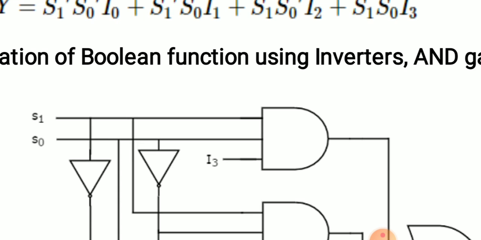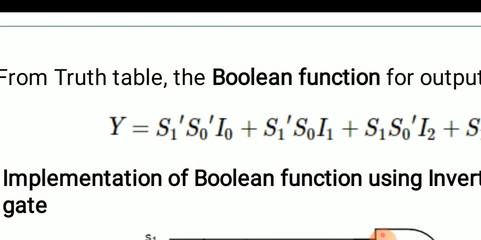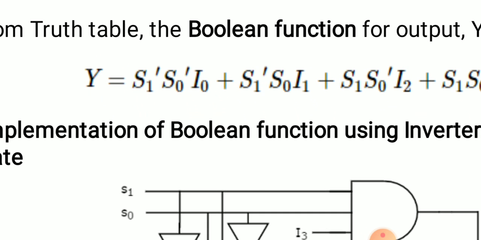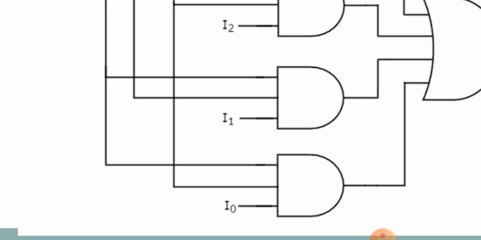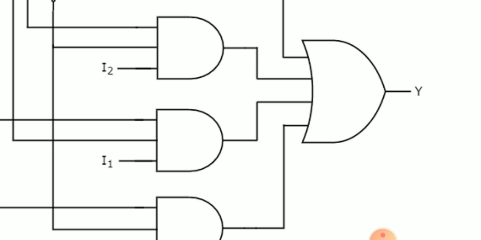That is, S1 dash S0 dash I0 is ANDed, and then it is ORed to get the value Y.